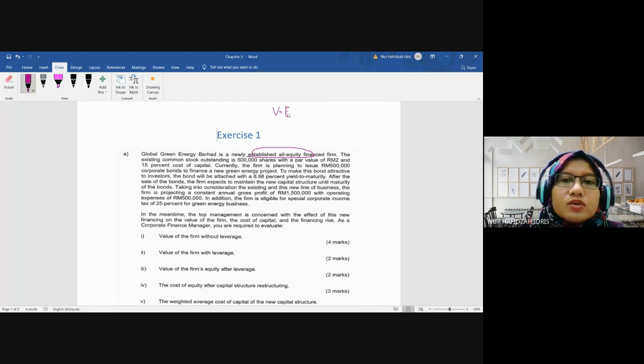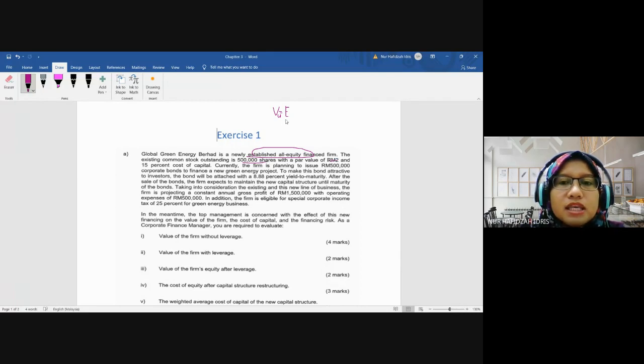So V equals E. Currently the company is the unlevered firm, VU. The existing common stock outstanding is 500,000 shares with a par value of RM2 and 15% cost of capital.